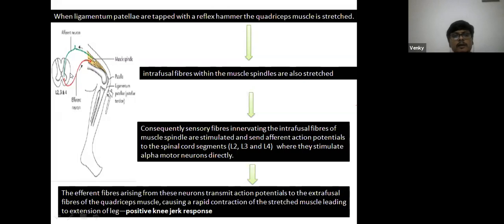The anterior horn cells of L2, L3, L4 receive the impulses, and the efferent travels via the extrafusal fibers. The efferent fibers arising from these L2, L3, L4 neurons transmit the action potential to the extrafusal fibers of the quadriceps muscle, which causes rapid contraction of the quadriceps, resulting in extension of the knee. That is the classical knee jerk.